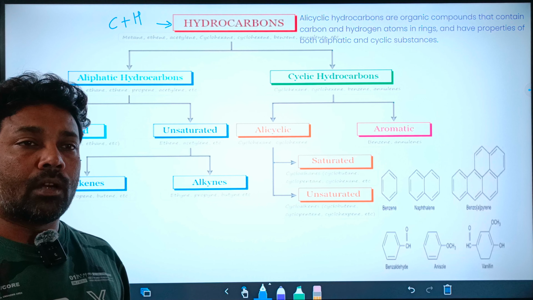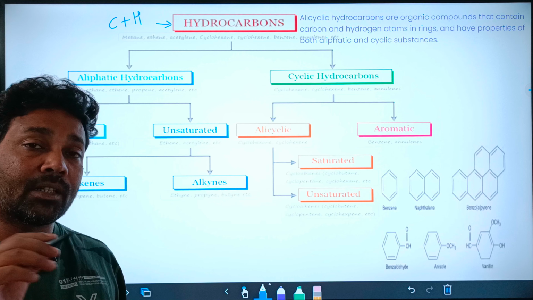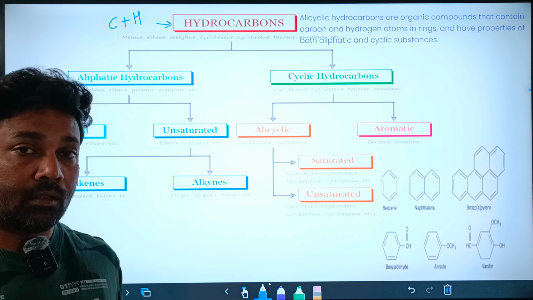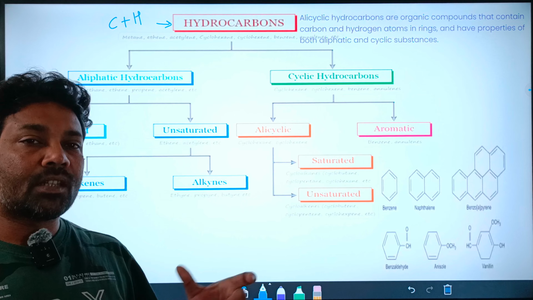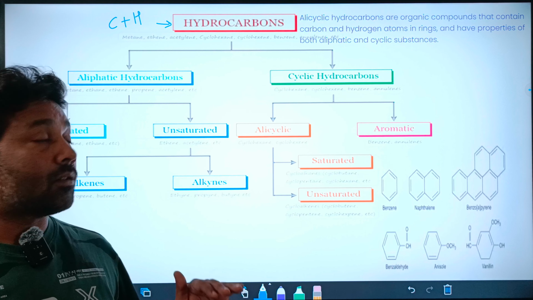Petrol is a hydrocarbon. Diesel, kerosene, oil, they are hydrocarbons, right? Wood is a hydrocarbon. Not only living things but many substances have carbon and hydrogen as the most important part. So within the hydrocarbons we have organic compounds, which are a smaller part.